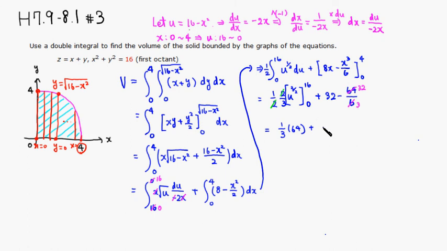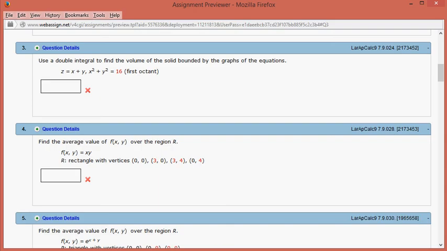So the common denominator is 3: 96 minus 32 over 3, which is 64 over 3, plus another 64 over 3. So that will be 128 over 3.